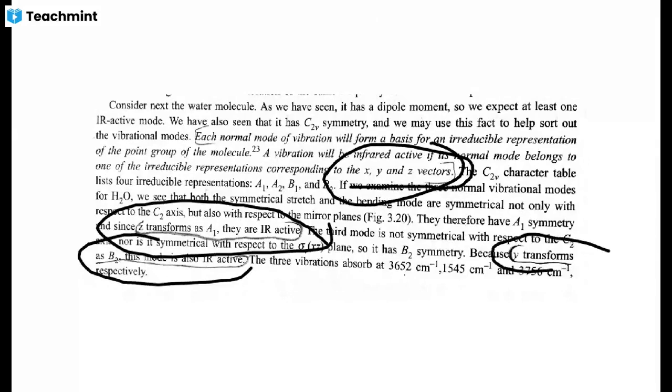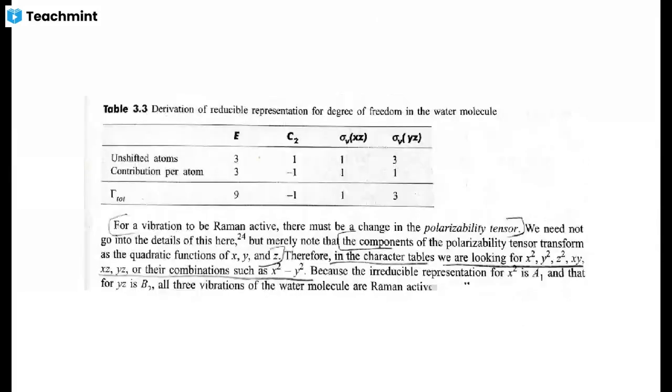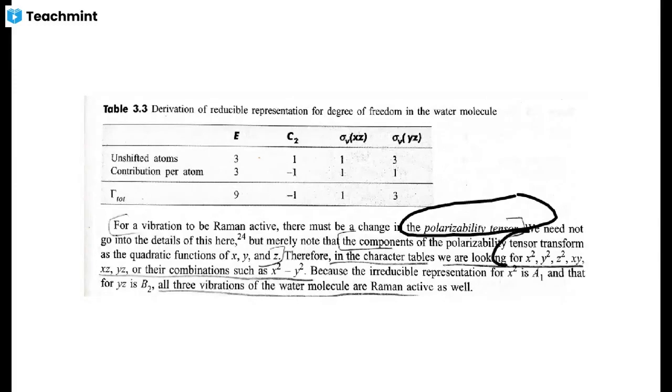We will see examples, then only you will understand better. And for Raman active, the concept is there should be a change in the polarizability, so we are looking for x square, y square, z square, xy, and like that. You see these vectors in the character table and find which is IR active or Raman active.